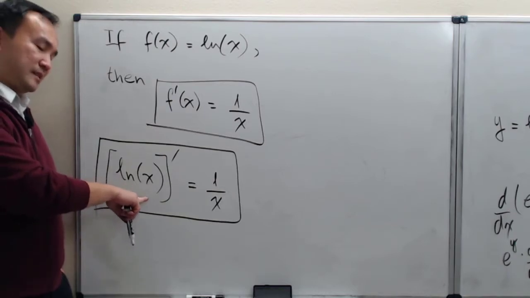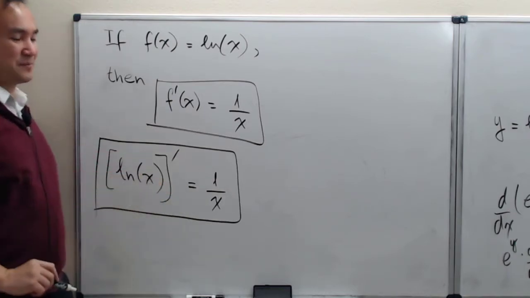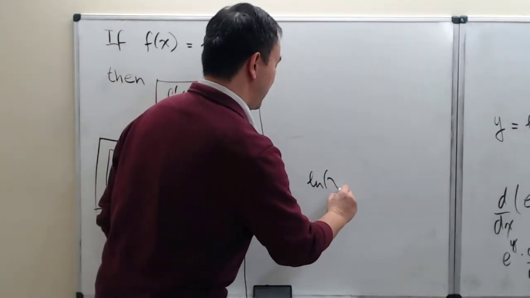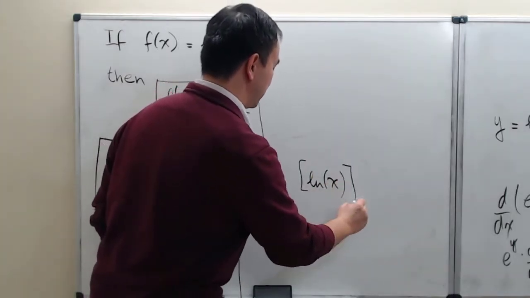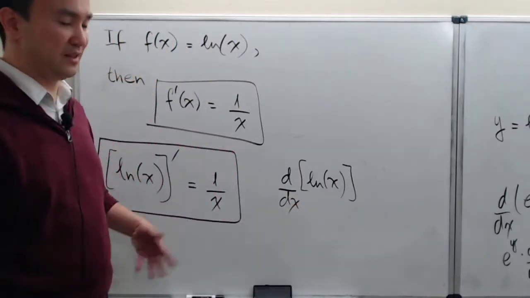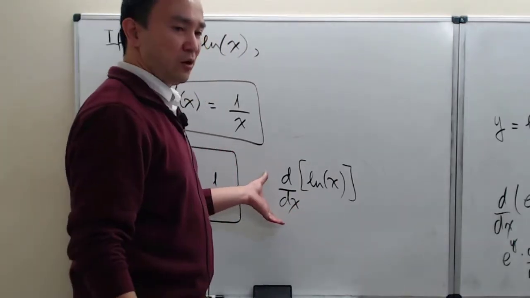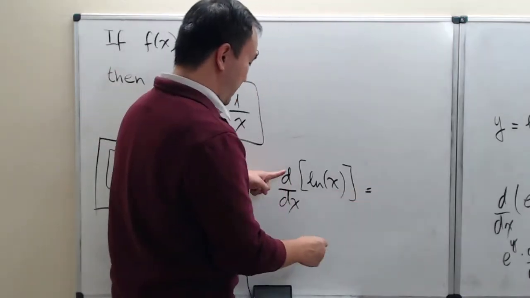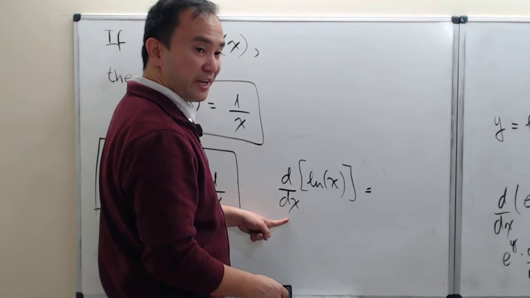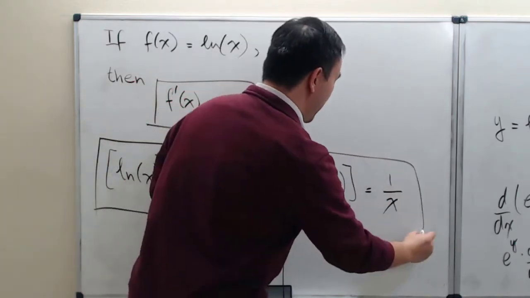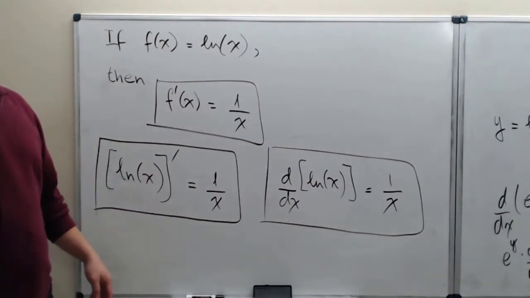Derivative of natural log of x equals 1 over x. Or, a little more formally, we have natural log of x and we differentiate that function. This alternative way of writing is quite clear about what variable we are targeting. The answer is 1 over x. Three different ways we can express that rule.